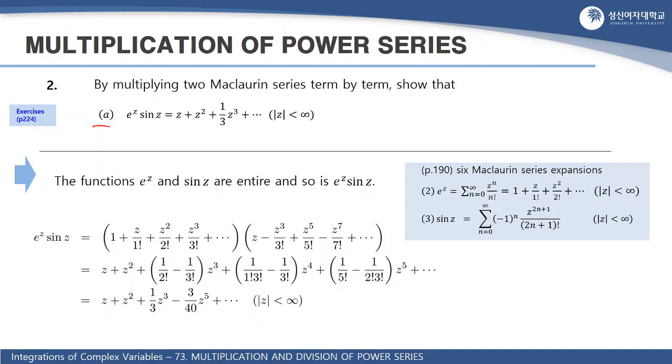Here, the functions e to the g and sine g are both entire. So the product, which means e to the g times sine g, is also entire. So we can use the Maclaurin series for these two functions, e to the g and sine g.